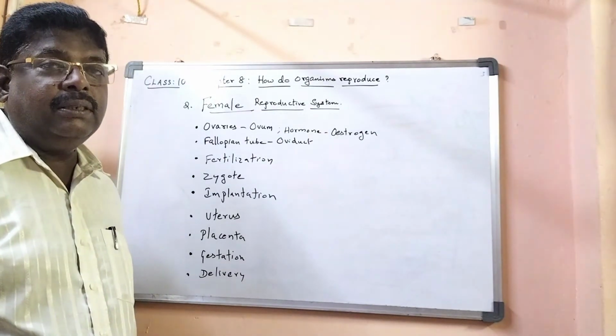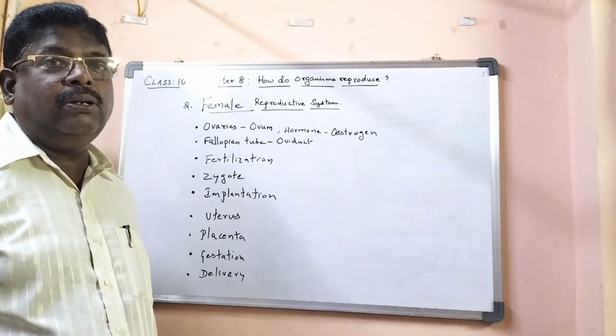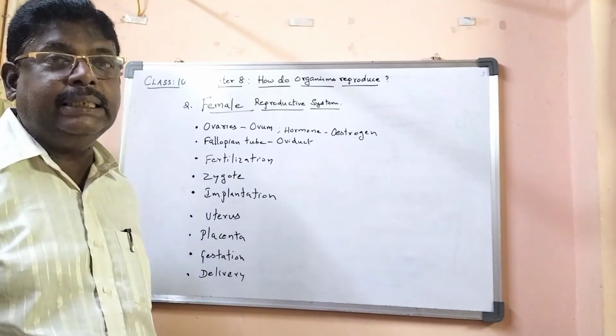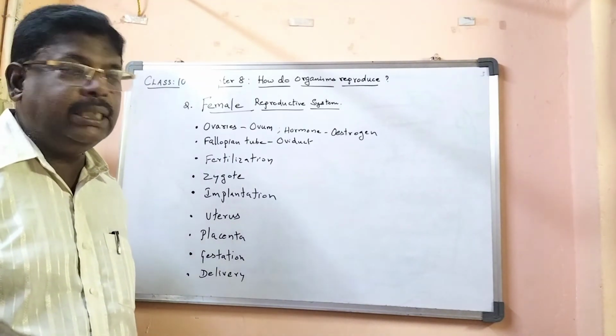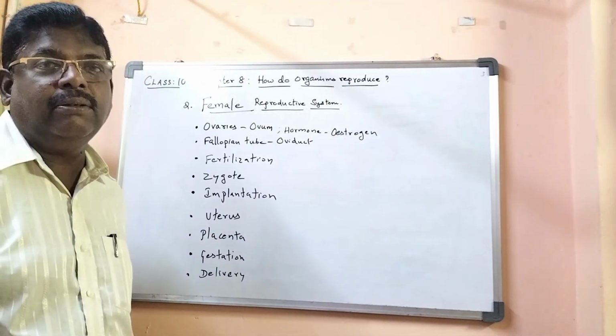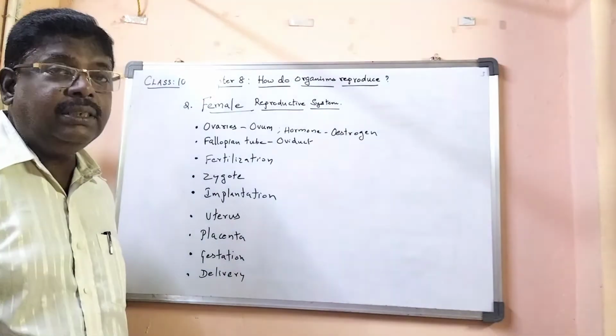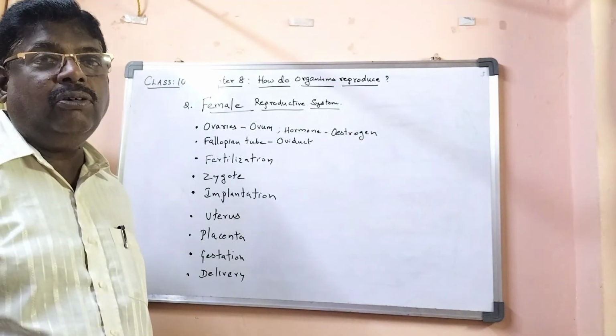The full development of the embryo may take 9 months. It's called the pregnancy period, and biologically it's called the gestation period. Usually 9 months, and after that the baby is ready for delivery.